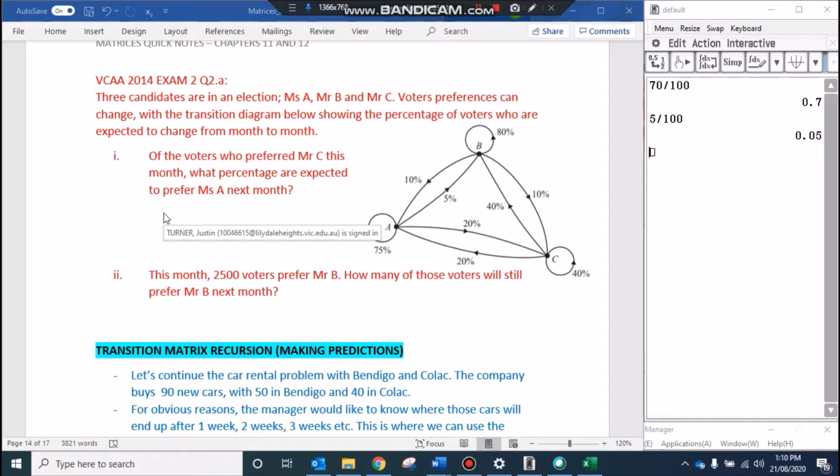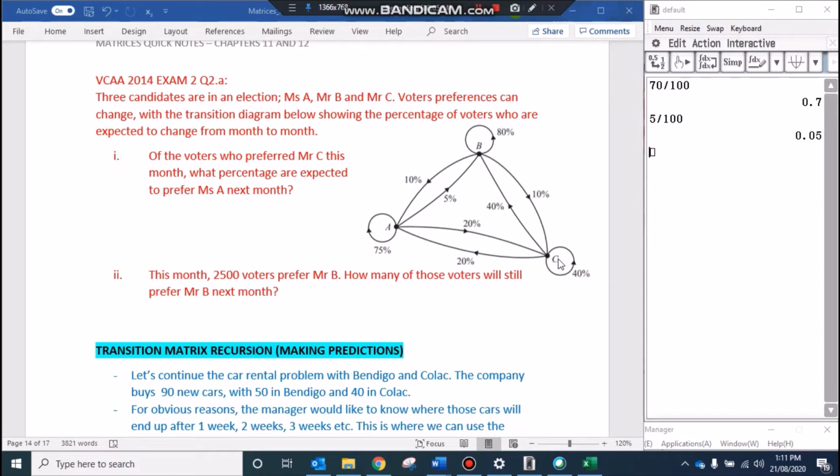First part of this question asks us, of the voters who preferred Mr. C this month, what percentage are expected to prefer Mrs. A next month? So what we're looking at here, the voters that preferred C this month, and we're looking at the percentage of those who are expected to prefer A next month.